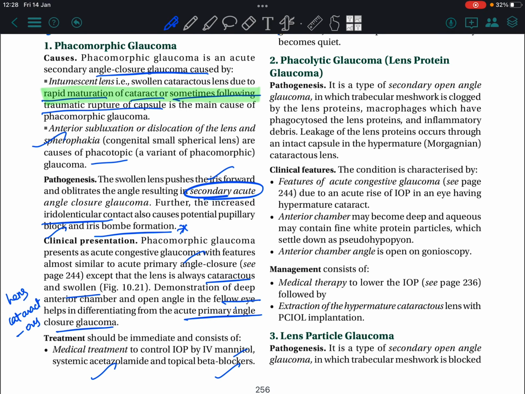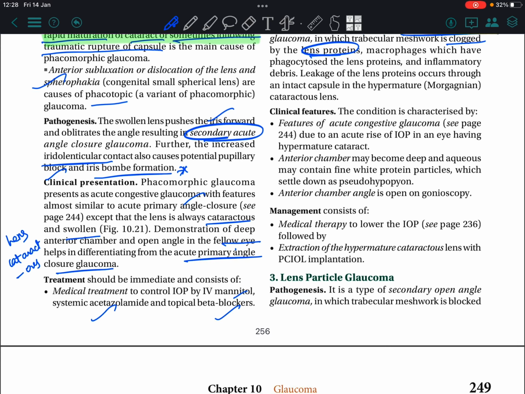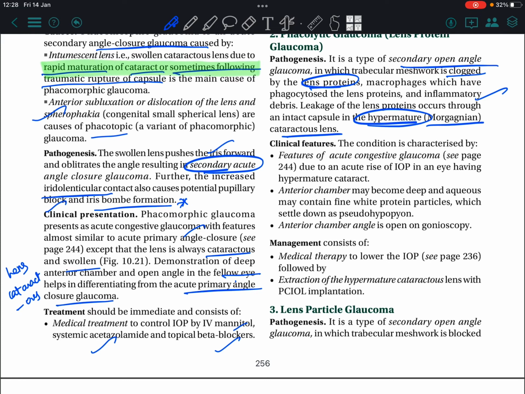Phacolytic glaucoma, also called lens protein glaucoma. It is a type of secondary open angle glaucoma in which the trabecular meshwork is clogged with lens proteins and macrophages, which phagocytose the lens protein and inflammatory debris. Leakage of lens protein occurs through an intact capsule in hypermature cataract, Morgagnian cataract.